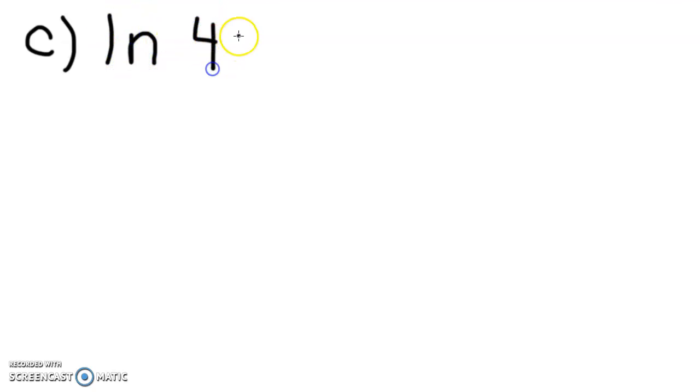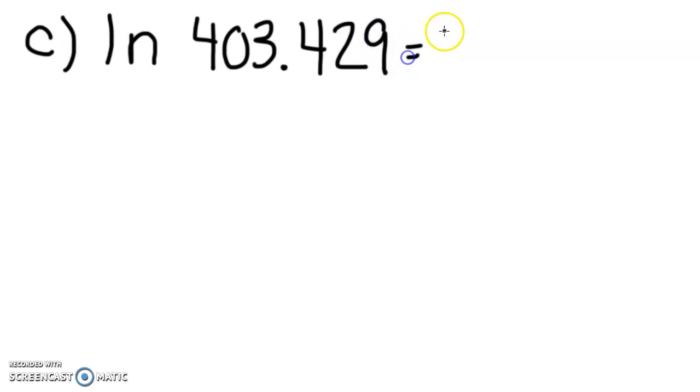All right, let's go to the next one. We have example C, which is the natural log of 403.429 equals 16. Don't let these confuse you. Honestly, you shouldn't need a calculator on these first ones.